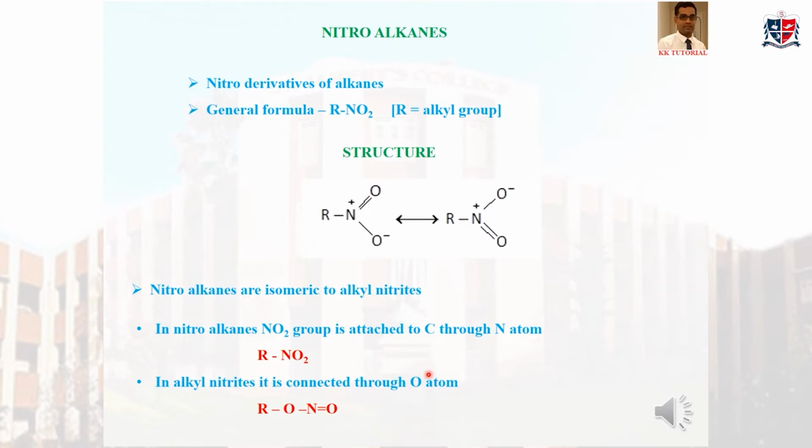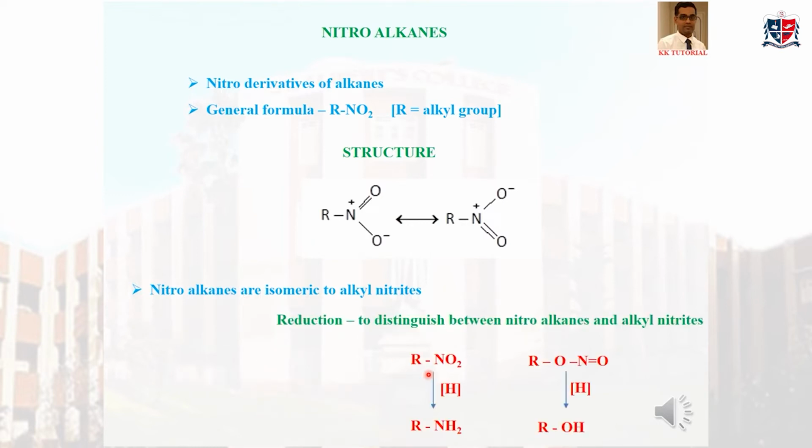And we can easily distinguish between these two, nitroalkanes and alkyl nitrites. Nitroalkanes on reduction, means addition of hydrogen, give amines, while alkyl nitrites on reduction give alcohol. And it's very clear from here.